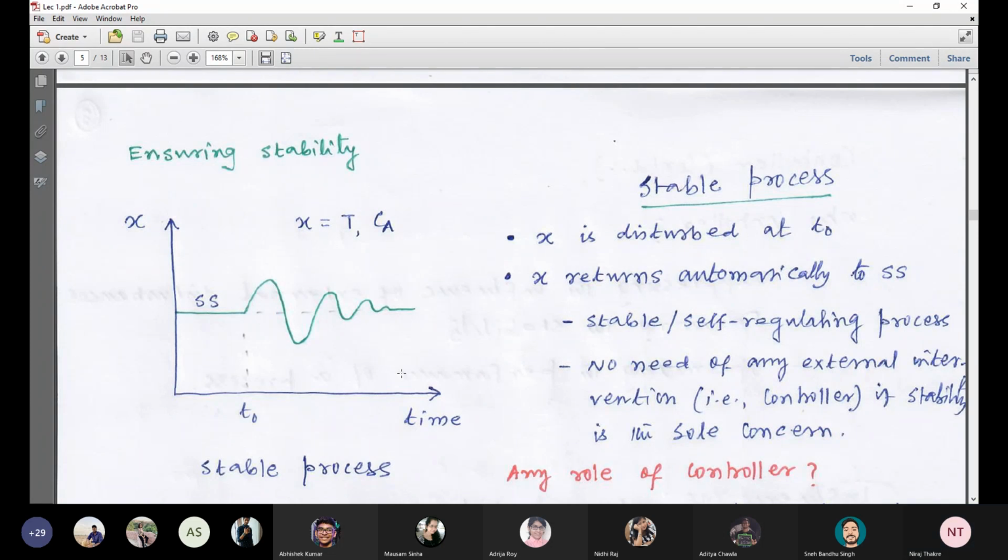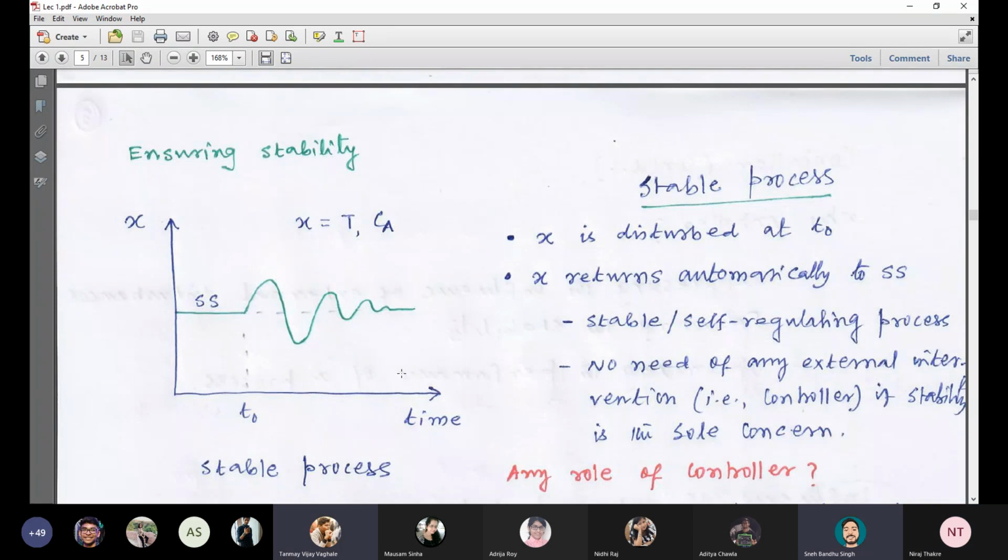Anyone? So the time between t0 and the next instant when the process will be back at steady state will be reduced. Very good. What's your roll number? 19CH30034. Very correct.